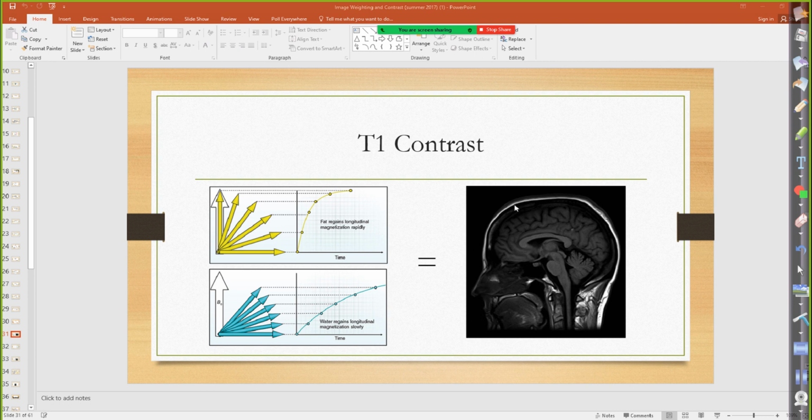And so an image looks like this when it has T1 contrast, where fat, as you can see here, the subcutaneous fat is very bright, and then the water here in the ventricle is dark. Lateral ventricle, and that's wet tissue. It's not water specifically. It's CSF.